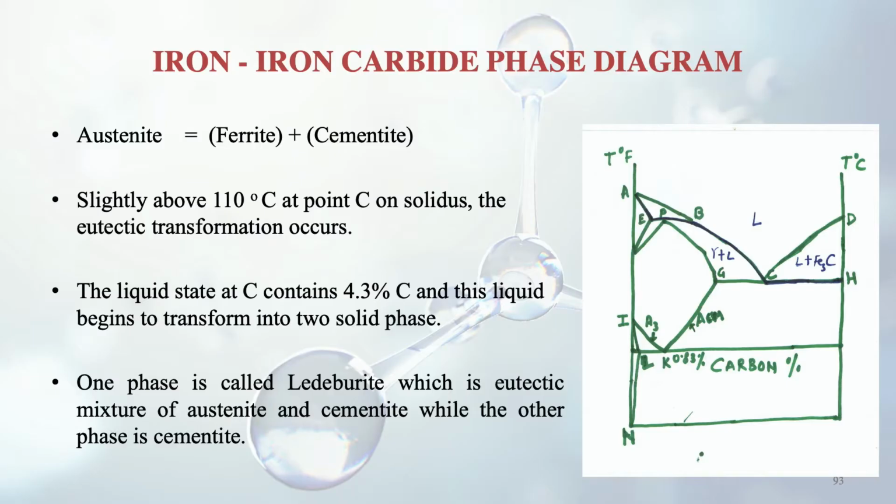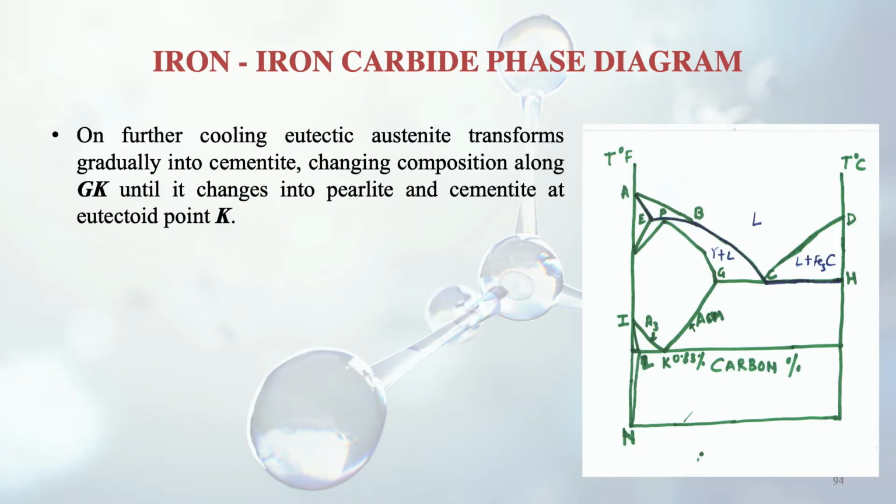So here also the same thing is happening, that one phase is changing to two phases, but here the liquid phase is changing to solid phases, given by ledeburite, that is a cementite and austenite mixture. One phase is called ledeburite, which is the eutectic mixture of austenite and cementite, while the other phase is cementite, as I told you.